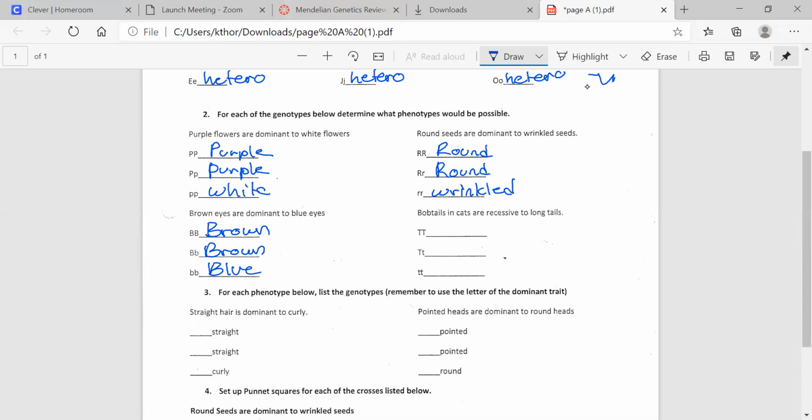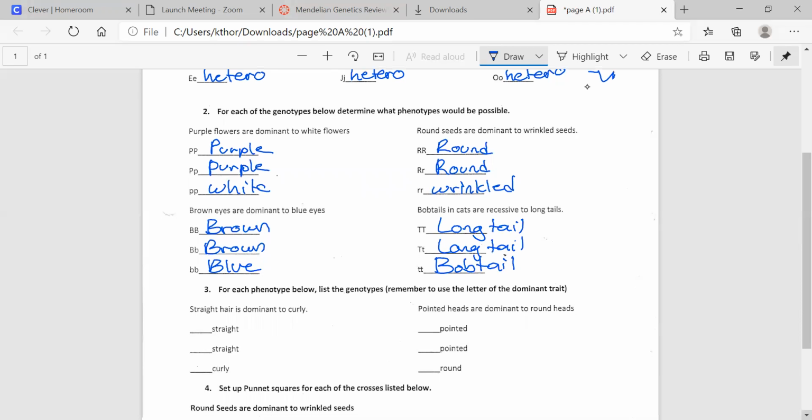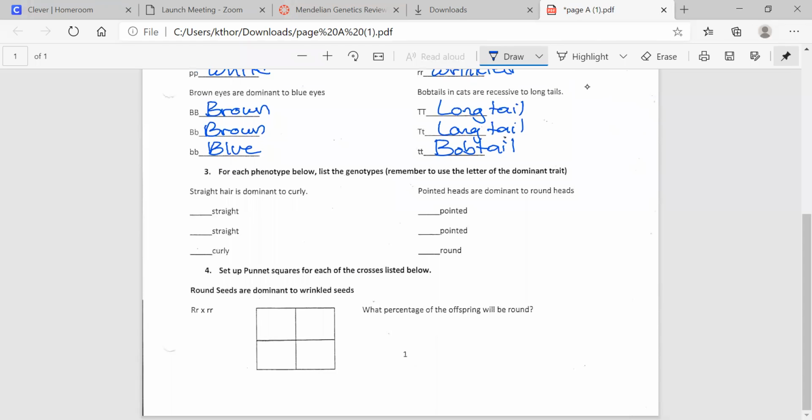Bobtails in cats are recessive to longtails. Long, long, bobtail. You got to be sure you read the question right. It says bobtails in cats are recessive to longtails. Okay. For each phenotype below, list the genotypes. Remember to use the letter for the dominant trait.